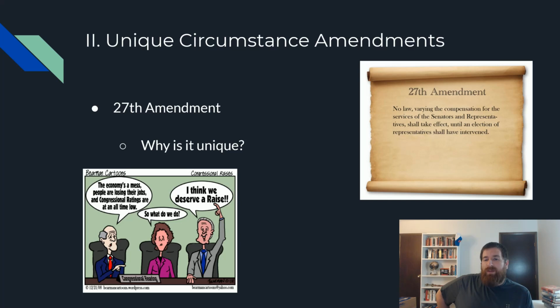And so this amendment sat proposed but unratified for 200 years until, I believe, the early 1990s, when it was finally ratified and added to the Constitution. So that's why this one is unique: it was proposed but not ratified until 200 years after its proposal.